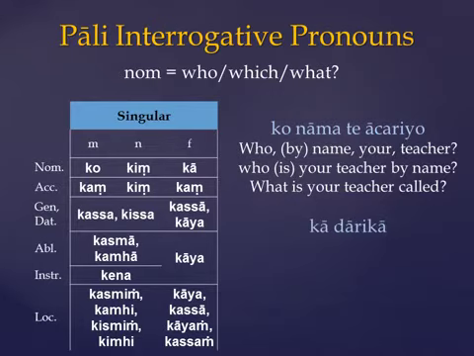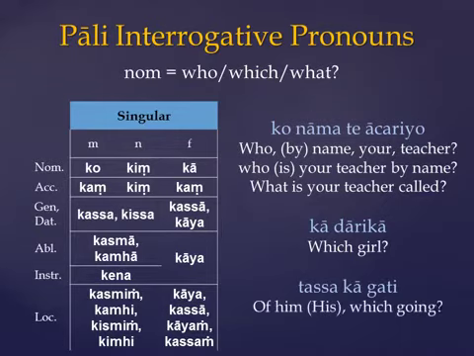Now, ka, darika, both terms are in the feminine, and darika means girl, so which girl? And in the sentence, tassa ka gati, tassa again is a possessive pronoun, meaning of him or his, while gati is actually based on the verb gaccha, meaning to go.